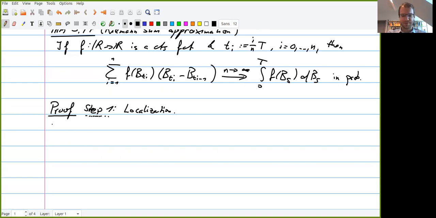So what does this mean here? Here we want to localize the Brownian motion.